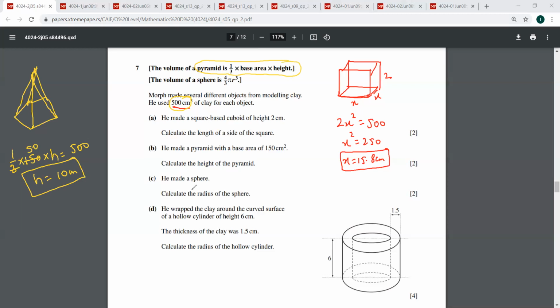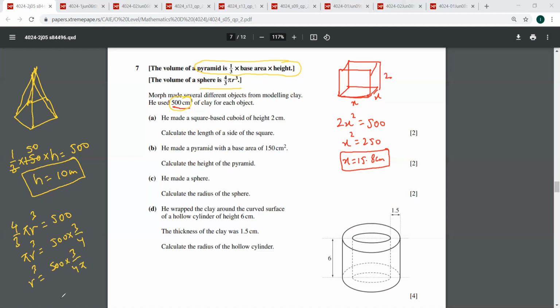Then he says he made a sphere. Calculate the radius of the sphere. So again, the formula is given. He's just testing your algebraic skills here. So 4 over 3 pi r cube is equal to 500. So this r cube is 500 times 3 over 4 pi.